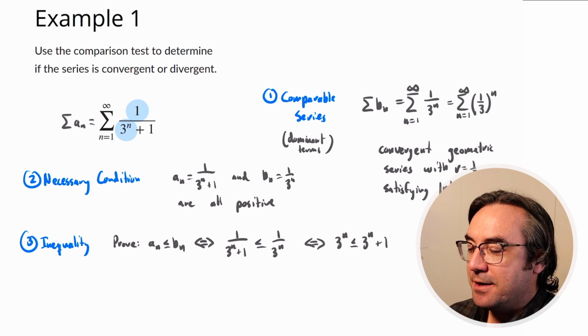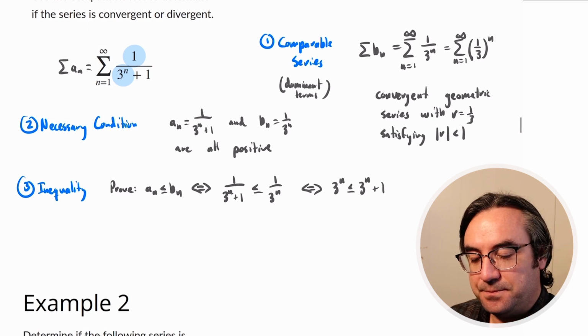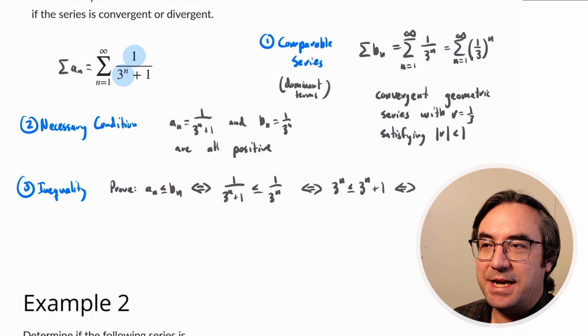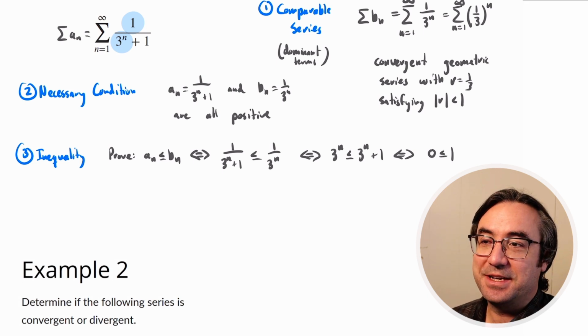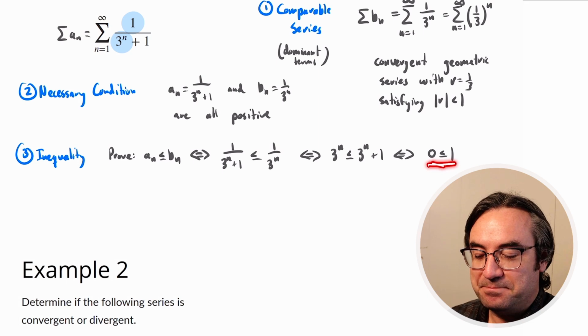But if you really want to be thorough, you can go a little further here. If you subtract 3 raised to the n from both sides, you get something that's definitely true: 0 is less than or equal to 1. There's no dispute in that.